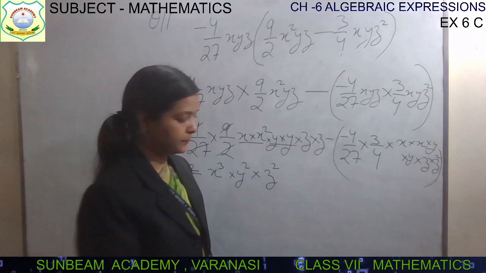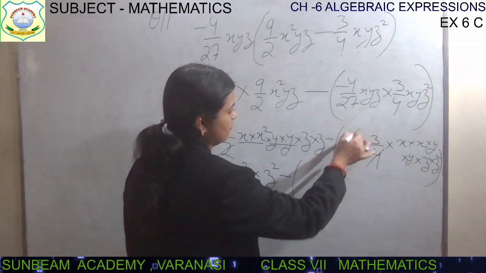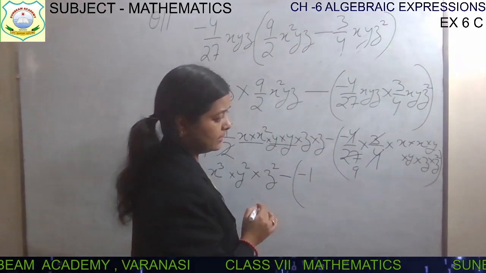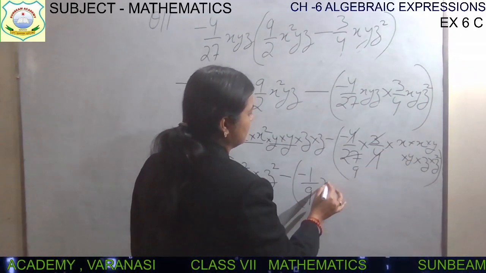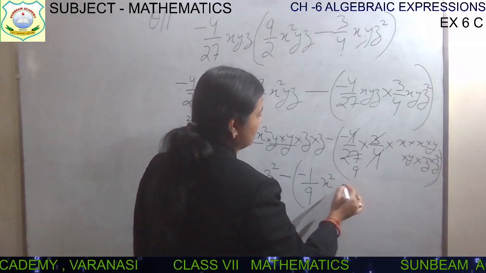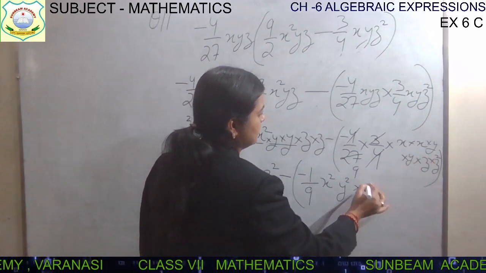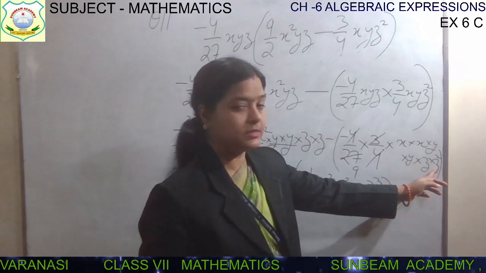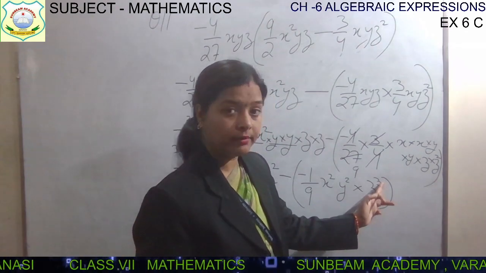Power will be added. Now minus inside the bracket: 4 and 4 cancel, 3 9s are 27. So minus 1 is in the numerator and 9 is in the denominator. X into x, children, x square. Y into y, y square. And z into z square is z to the power 3. z into z square, so 2 plus 1 is 3, z to the power 3.